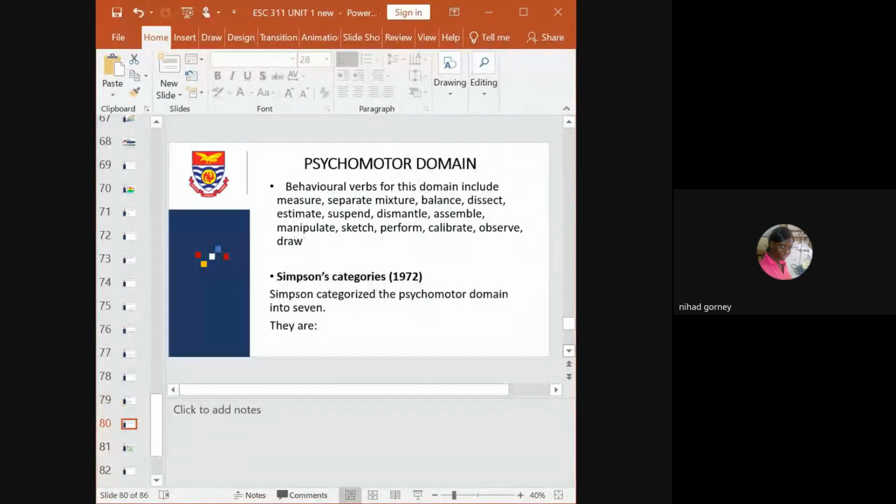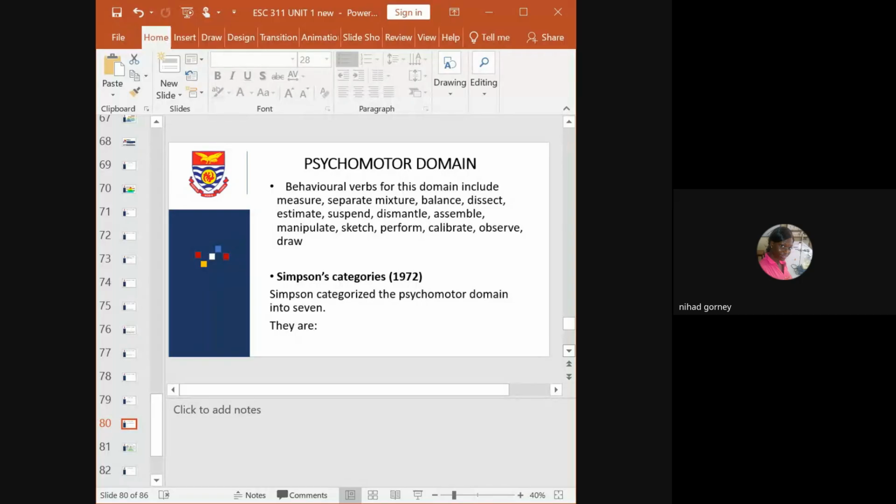So we use words like to be able to measure. We ask students to measure masses, to measure distances, to measure a lot of things in science. We ask students to balance, to dissect in biology. We ask them to estimate, to calibrate, to assemble. These are all ways that help to show psychomotor domains.